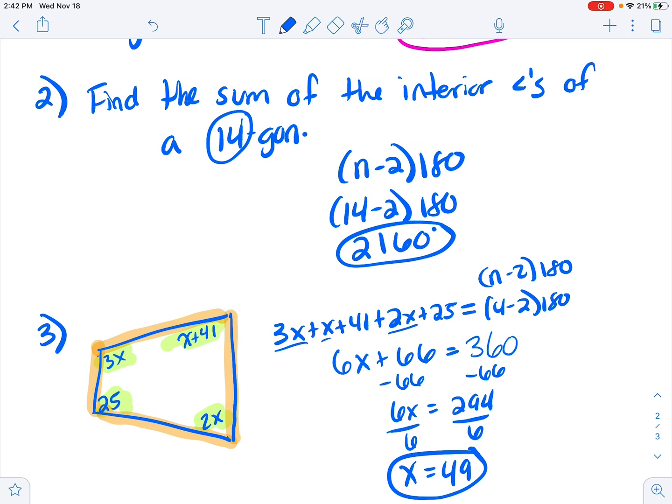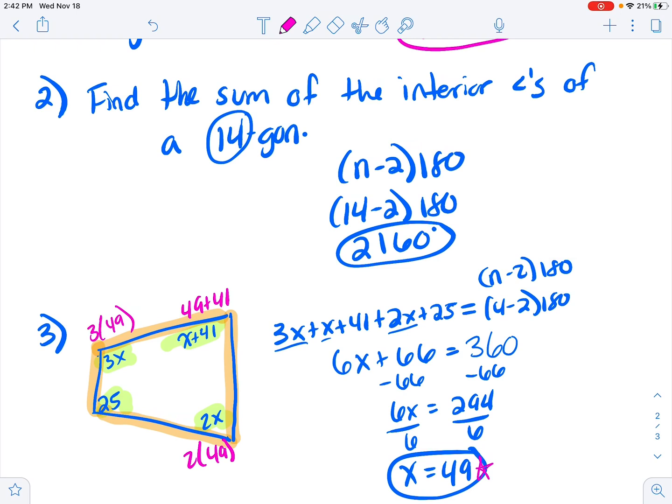Now, that's just my x. If the problem asks you to find each angle, what are we going to do with that number? We're going to take that 49 and plug it in. We have 3 times 49 for this angle. I have 49 plus 41 for this angle. I have 2 times 49 for this angle, and that angle is already 25.